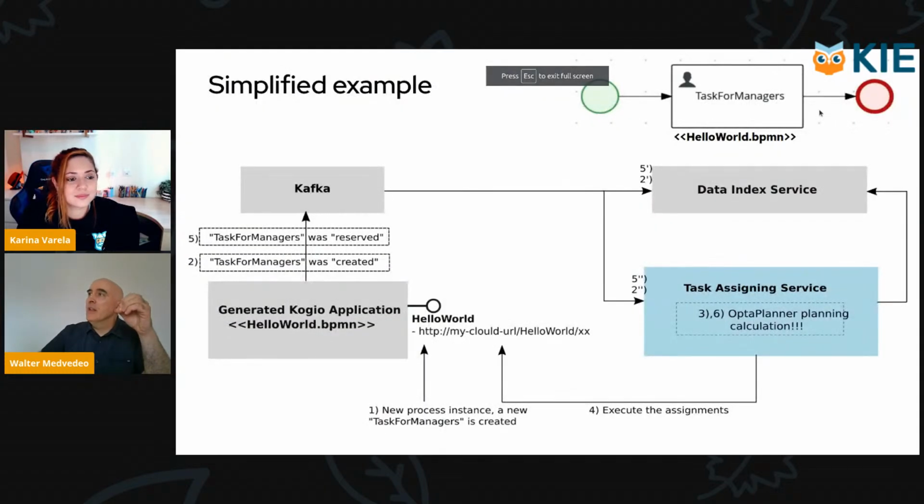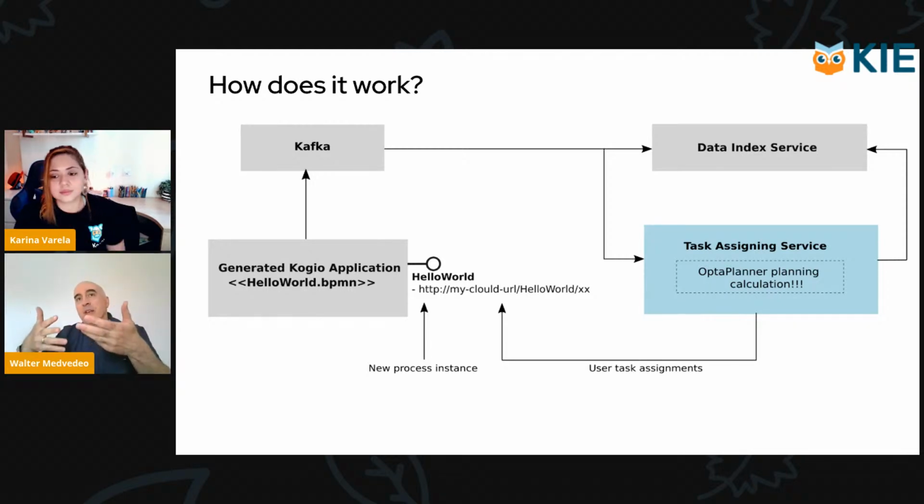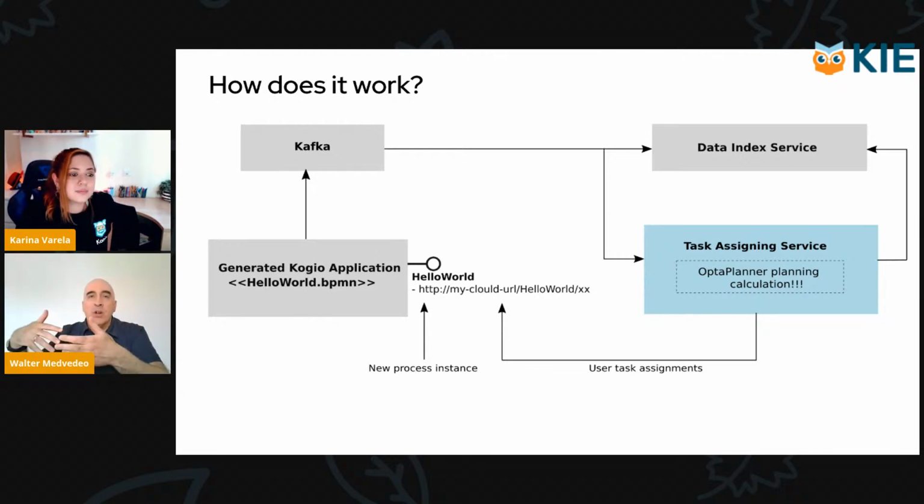Really, if you look into Kogito, you have a lot of things in Kogito. For example, in order to make this work, I need Kafka working. I need Kogito persistence working. I need the data index. So in order to provide you with a very easy way to make all this work, maybe I need to do some Docker Compose or any other kind of packaging so that you can start this with only one click.